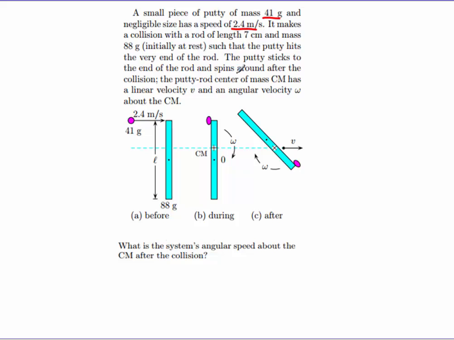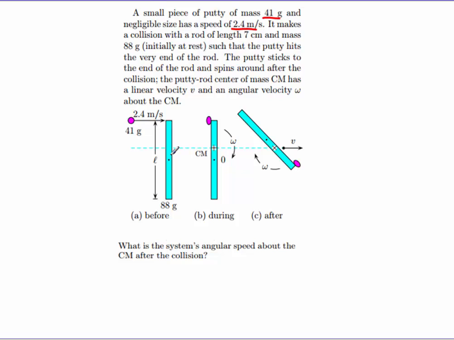Okay, now what's cool about this problem, I love this problem, is that this object doesn't have a rod through it. So what would happen with an object that's hit? It's always going to want to spin around its center of mass, right? Like this. If it's hit like this, it's going to want to do this.